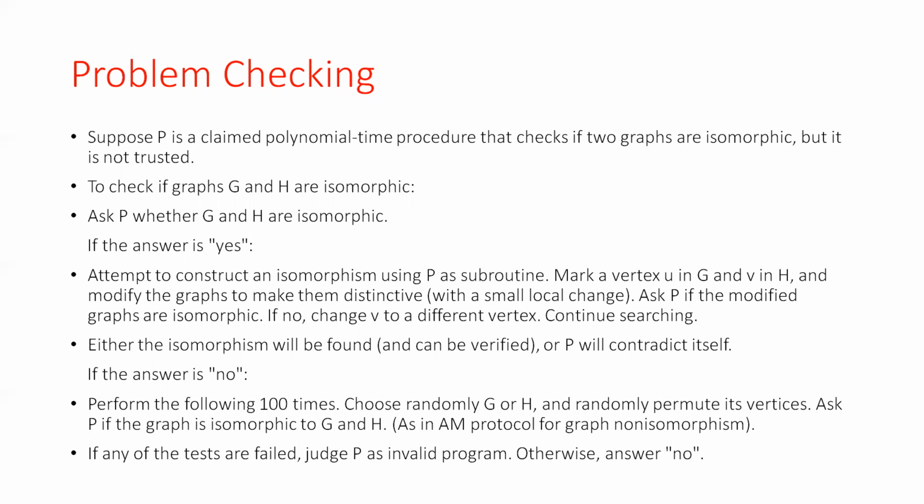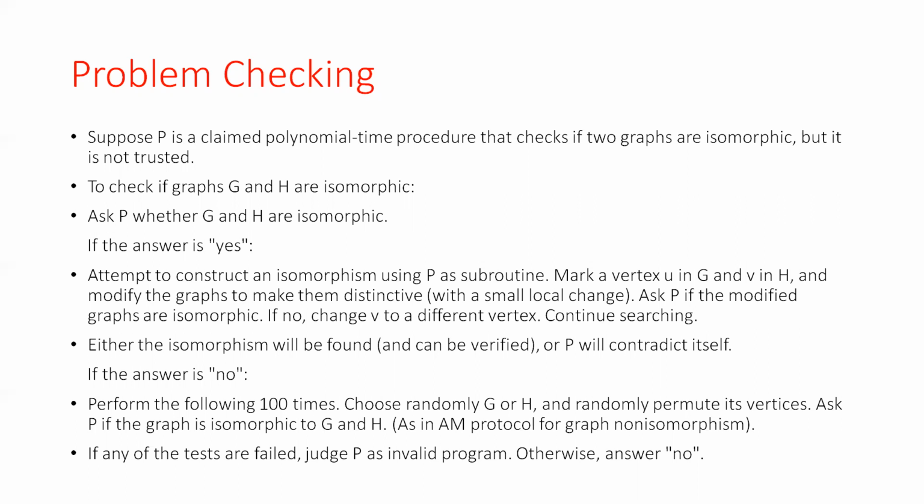Mark a vertex U in G and V in H, and modify the graphs to make them distinctive with a small local change. Ask P if the modified graphs are isomorphic. If no, change V to a different vertex. Continue searching. Either the isomorphism will be found and can be verified, or P will contradict itself.